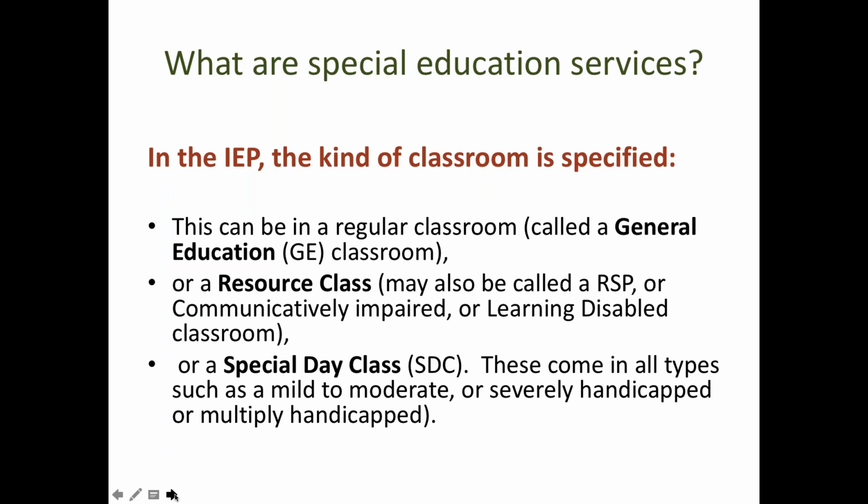It's usually just a class in which they are working on academic skills, right? And there's a special day class, and this is where we get the ideas of things like mild to moderate or severely handicapped or multi-handicapped classes. And they all have different advantages or different disadvantages depending on your child. You want to go for what individually meets their need rather than say, oh, my child should be in this kind of classroom, right?